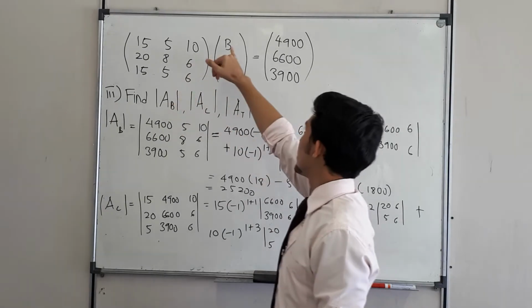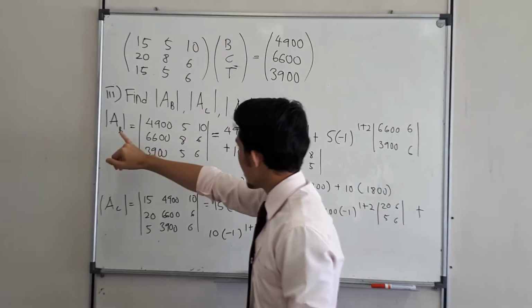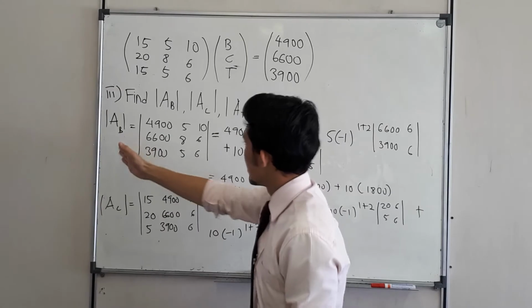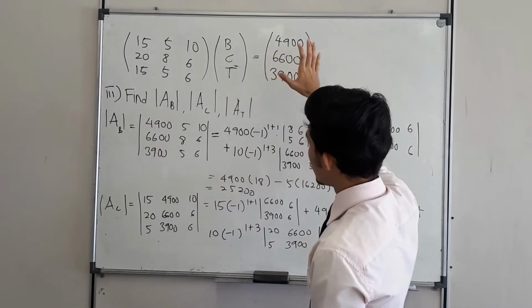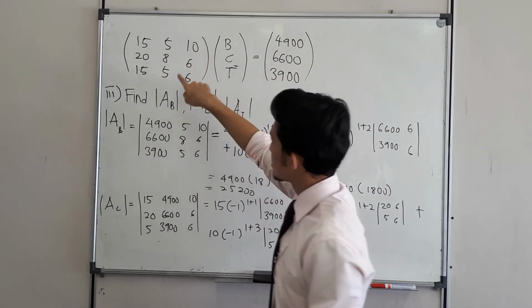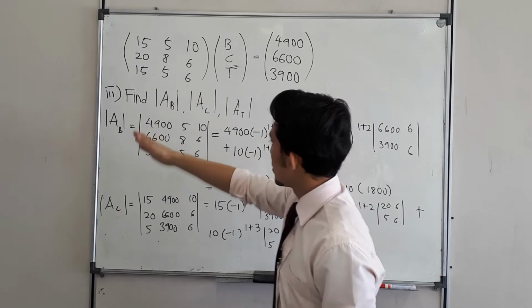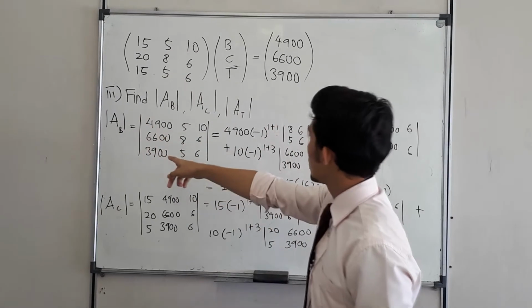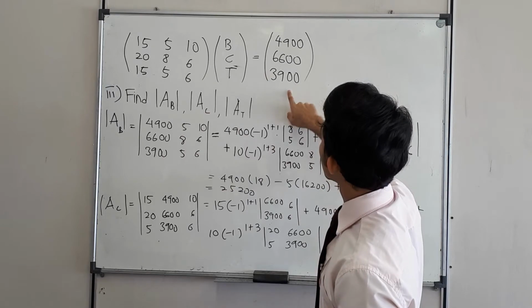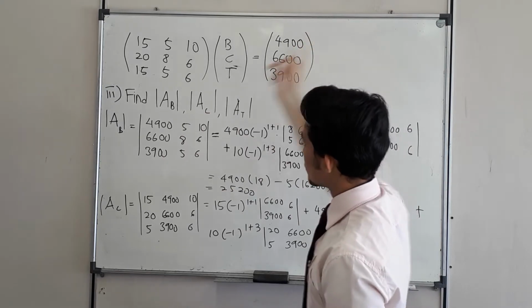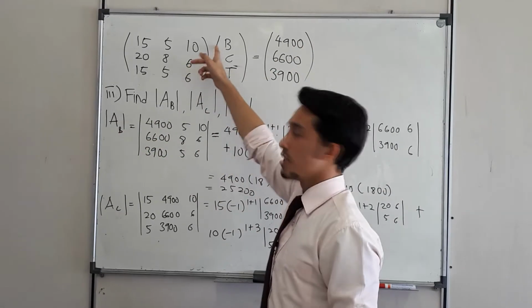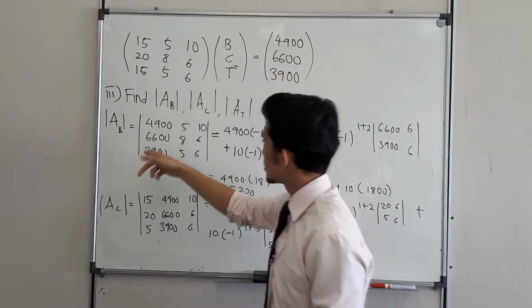We assume that B is at the first place, and then we just copy back the matrix numbers in the determinant. But the first column we need to put this on, because B is the first, so we put this on the first column.